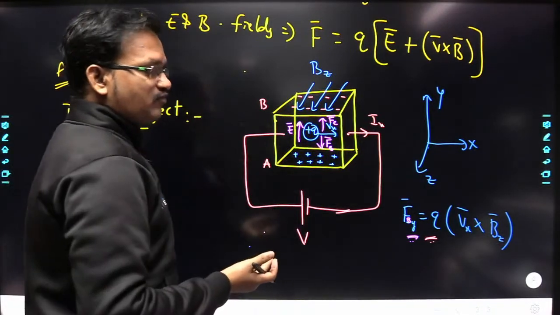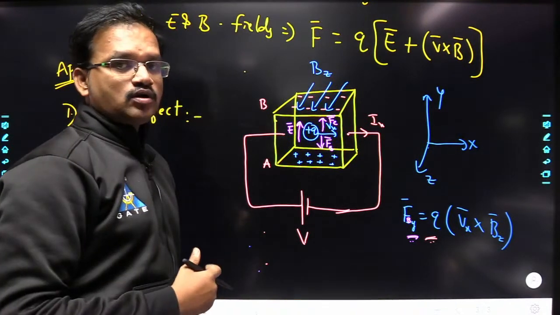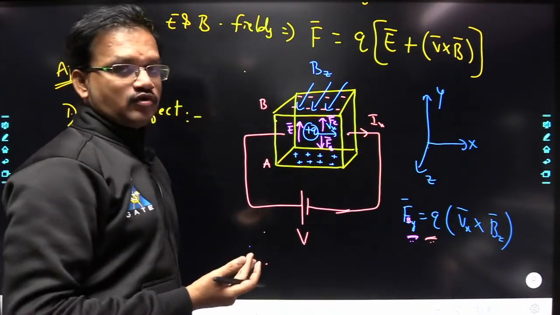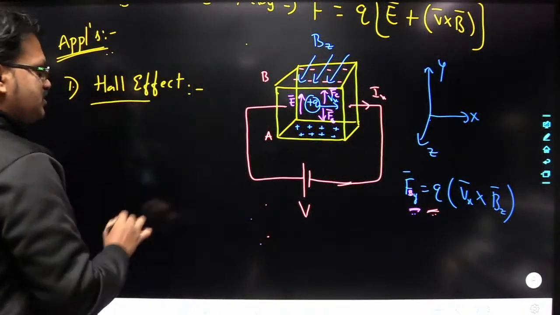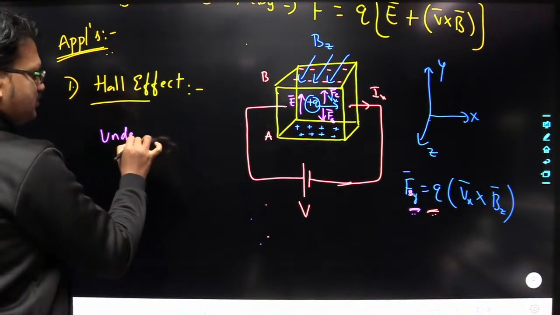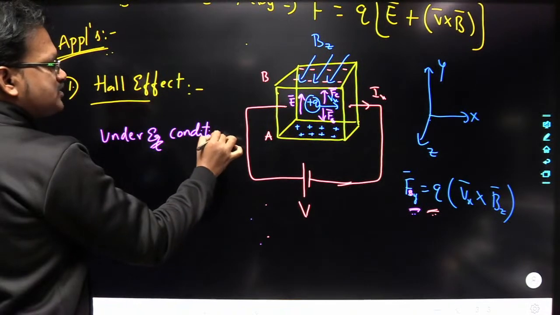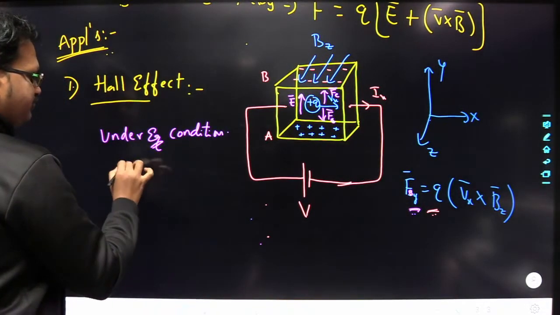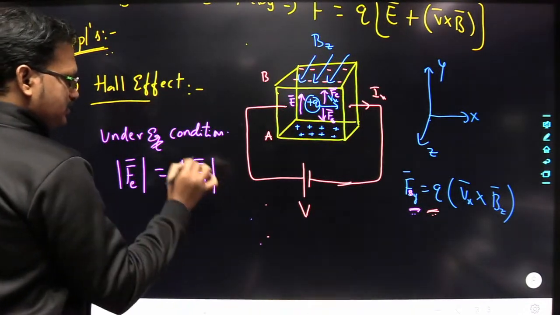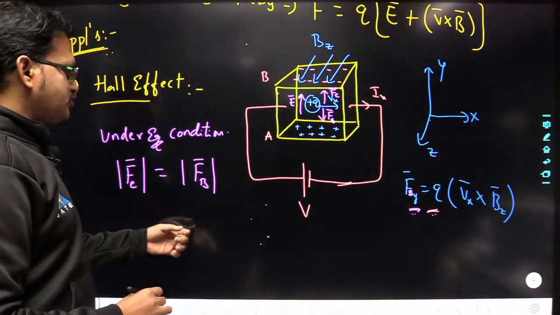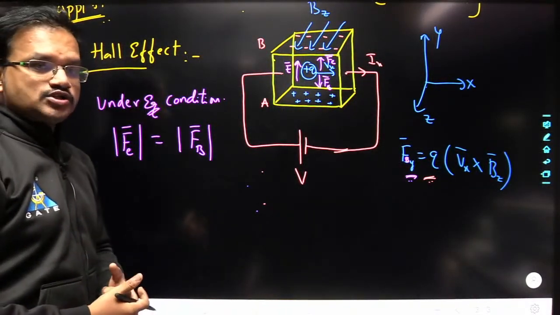After some time, at one stage, the electrical force will become equal to the magnetic force. That condition we call the equilibrium condition. Under equilibrium, the magnitude of F electrical will become equal to the magnitude of F B. Both are acting exactly opposite to one another.